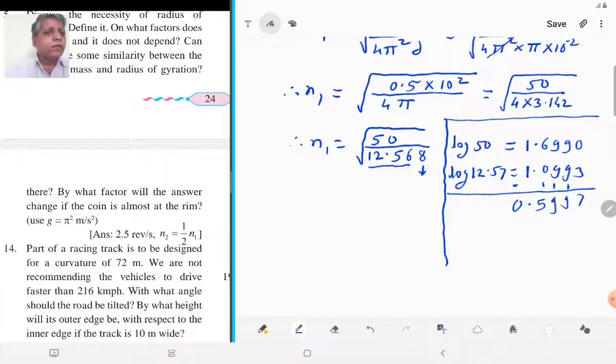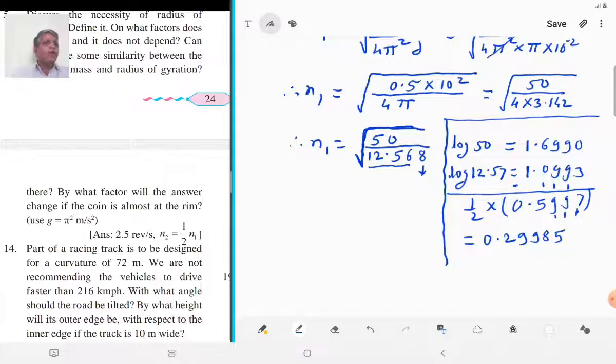Here it is the square root of 50 upon 12.57, so for the square root we multiply this log by half, or divide by 2. Therefore we get 0.2998 and so on.